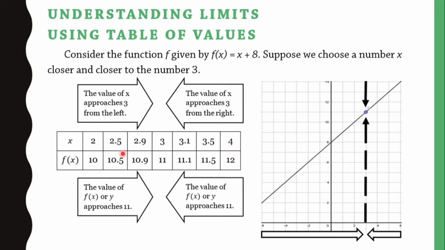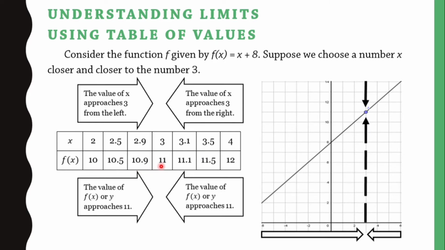Now, take note, while looking at this table of values, as the numbers in x get closer and closer to 3, the numbers in f of x also get closer and closer to a certain value. This time, as the numbers in x get closer to 3, the numbers in f of x also get closer to 11.